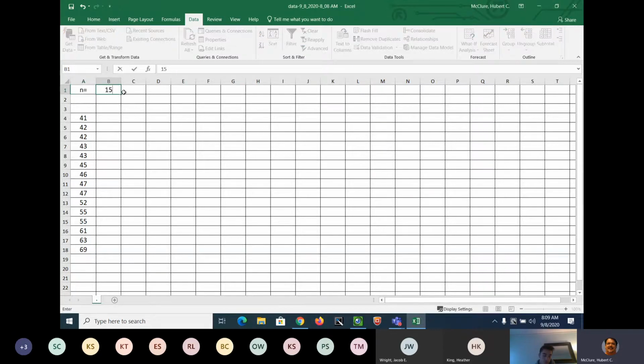So that's odd, so I'm going to put odd out here. So that means that the median is going to be number 8. 1, 2, 3, 4, 5, 6, 7, 8. We'll just highlight that just for later.